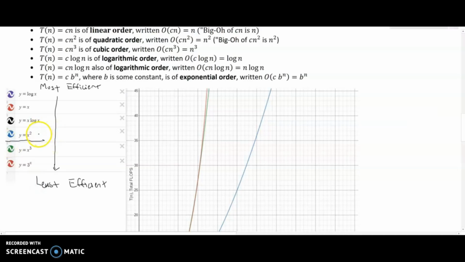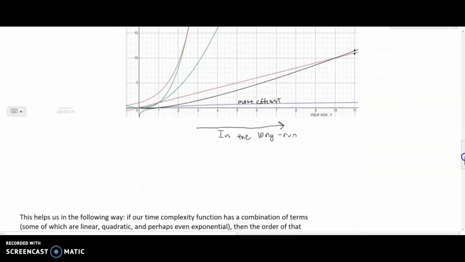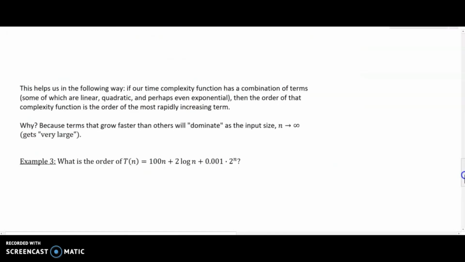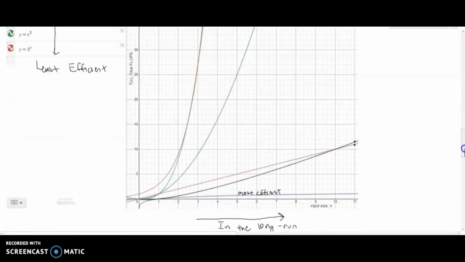Quadratic order still behaves pretty nicely, but then when you get into cubic, things blow up very rapidly, and by the time you get to exponential, those are some messy functions, and they do take some time for your computer to run them. So this helps us in the following way. Why would we want to talk about these different orders?